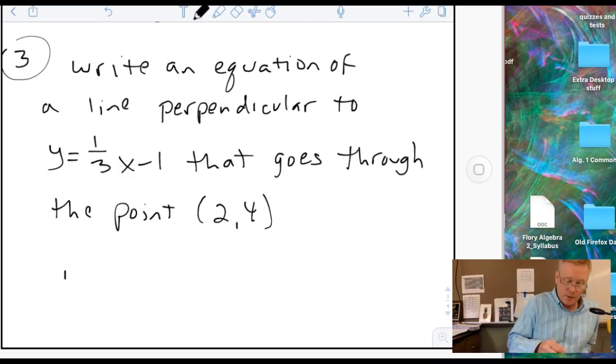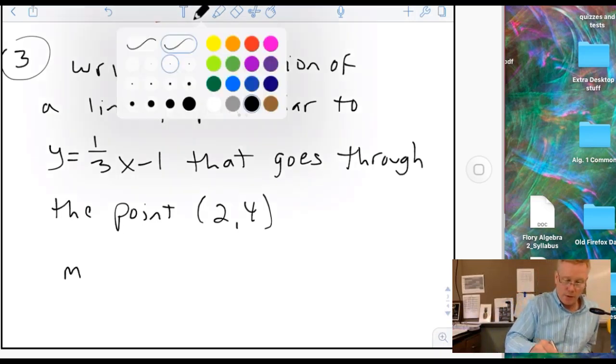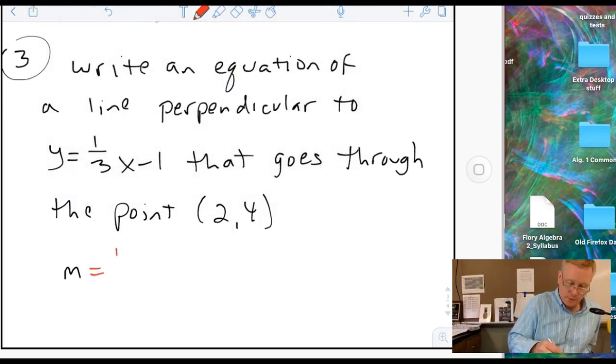Perpendicular. Okay, so my slope here of that equation is 1/3. It's what's in front of the x.